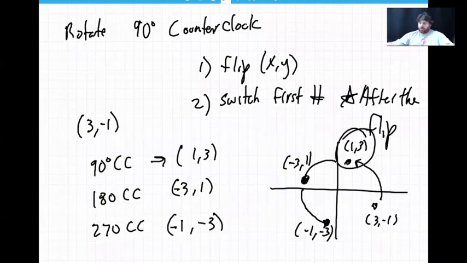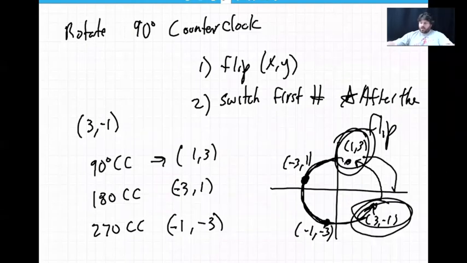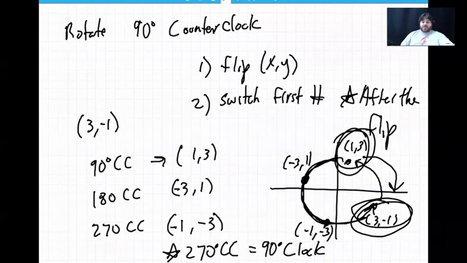Now think about this. Let's say I'm at this point, 1, 3. I go around 270, right? 270 gets me to here. Couldn't I have just done 90 degrees counterclockwise or clockwise? Yeah. So remember, 270 degrees counterclockwise is the same thing as doing 90 degrees clockwise. So if it asks you to do 270 counterclockwise, I would just go 90 degrees clockwise.